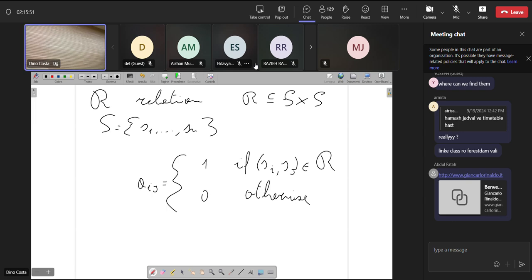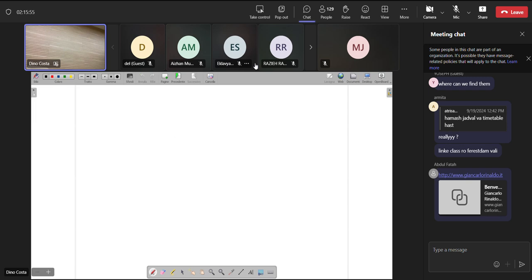So, for example, I use the example of numbers. Consider S equal to 1 to 3, and consider the matrix 1, 1, 1, 0, 1, 1, 0, 0, 1.